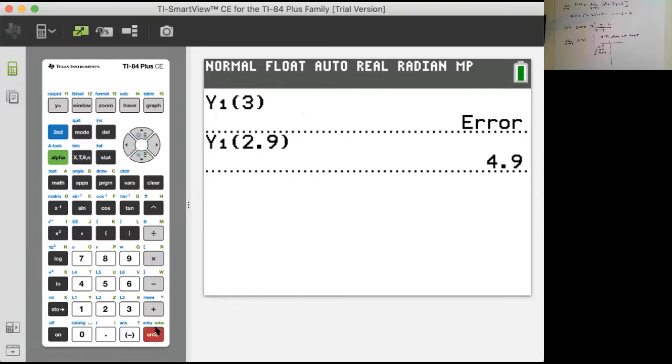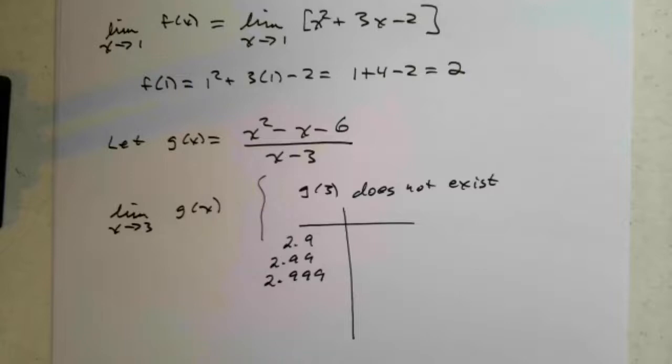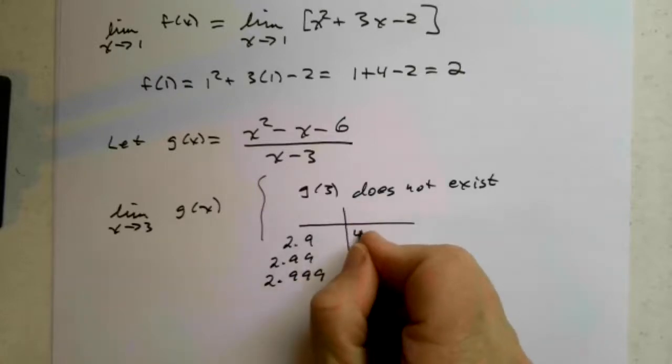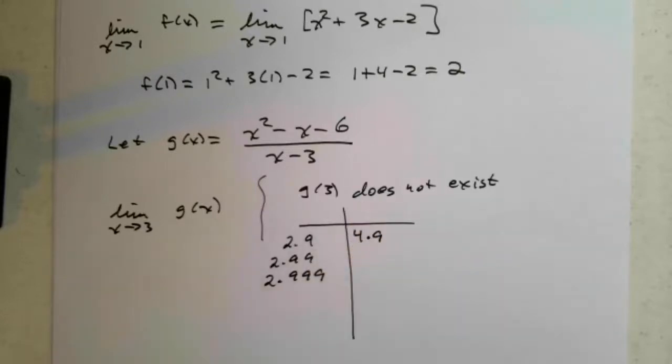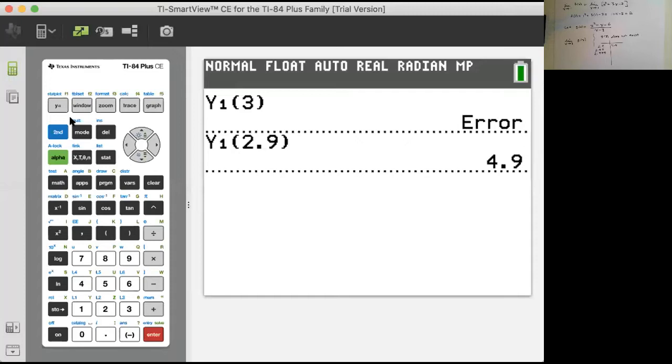We get 4.9. If I go to 2.99, that gives me 4.99, and we're starting to see a pattern here.